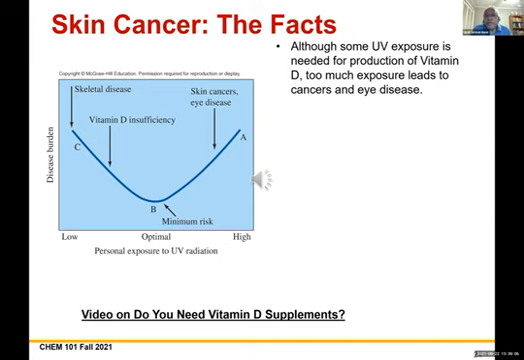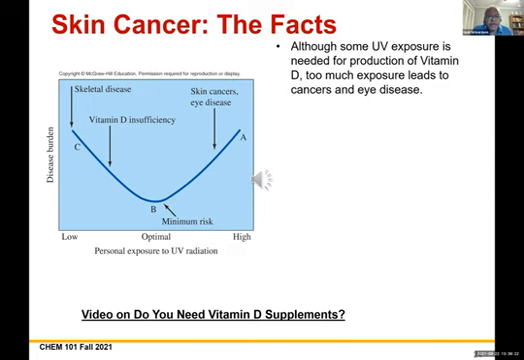Too much UV radiation, even though it is helpful in producing some vitamin D in the body, can cause eye diseases, cancer.